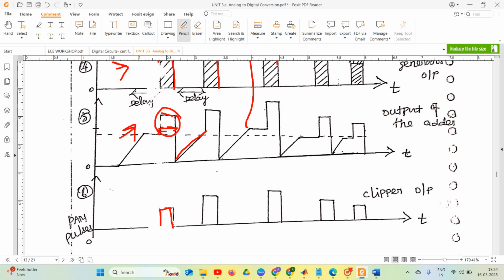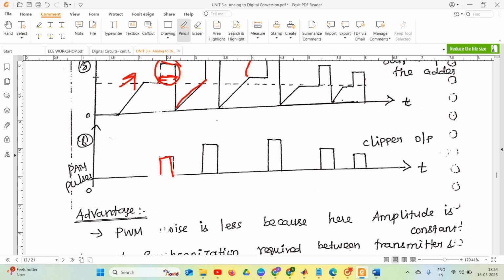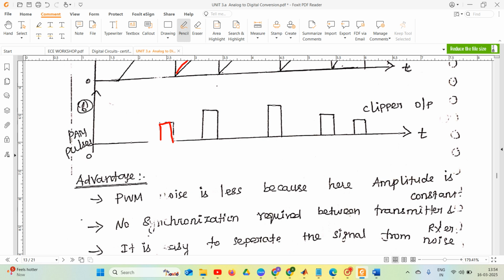We are removing this one and retaining the above-threshold values, so we call this one the PAM pulses. So in this way we are generating our signal.